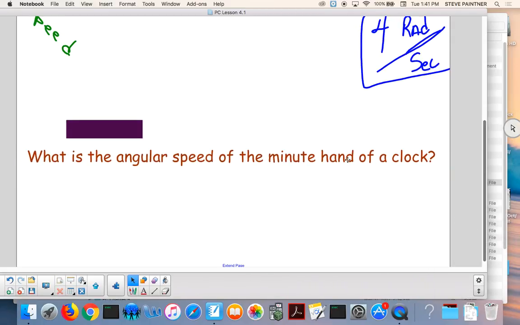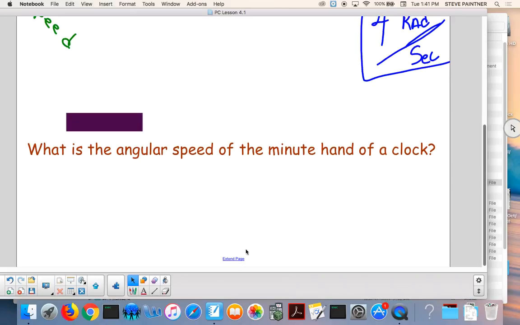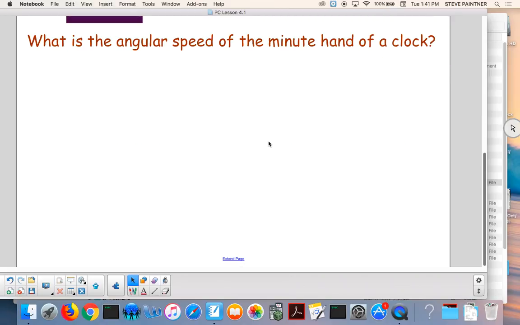Okay. What is the angular speed of the minute hand of a clock? How fast is the minute hand moving? 60 seconds. That's not angular speed. Angular speed is pi over 3 radians per second. You got to tell me how far is it going per second?